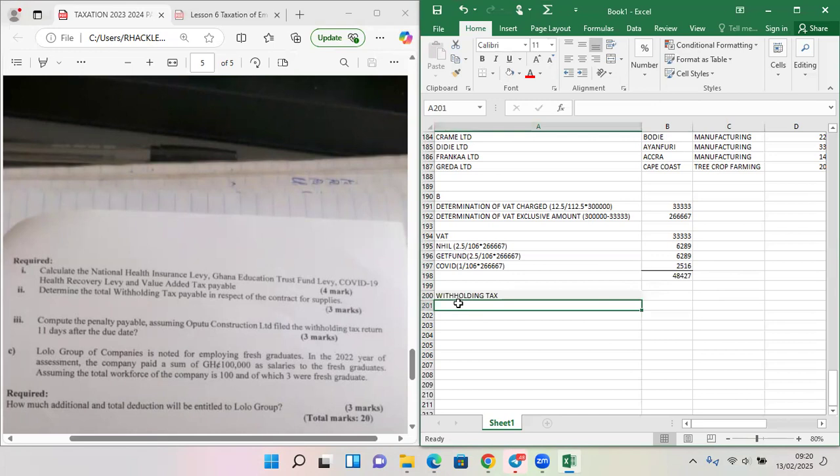So you have to bring the contract sum. Then we less VAT plus levies.